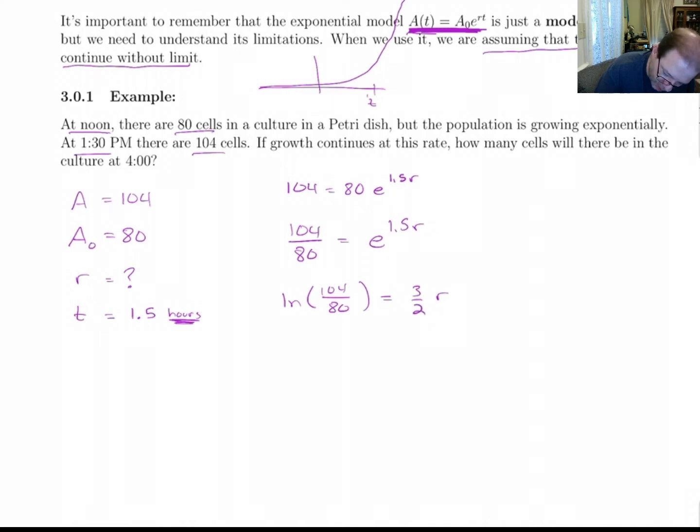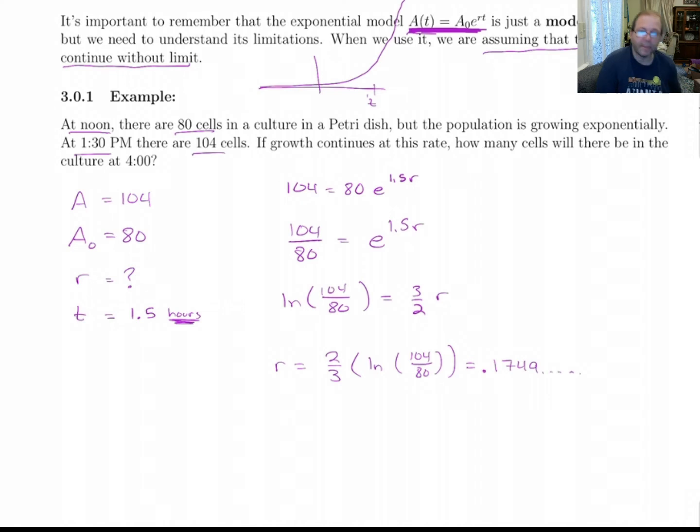And that way r is going to be 2/3 ln of 104 over 80. And just to throw that in my calculator, 2/3 times ln of 104 over 80. I realize I could reduce that fraction, but I'm just going to stick it in the calculator. This gives me r is 0.1749, and it keeps going.